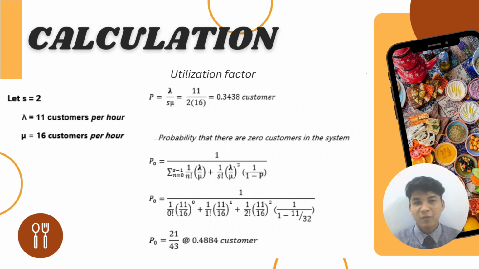The first thing we need to find is the utilization factor, which is rho, and the formula is lambda divided by S times mu, and we get 0.3438. After we get rho, we can find P naught, and the final answer for P naught is 21 divided by 43, or 0.4884.